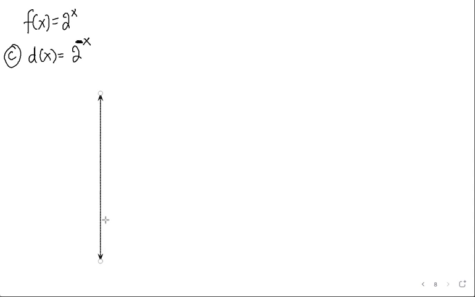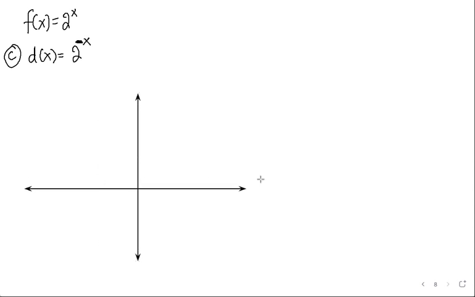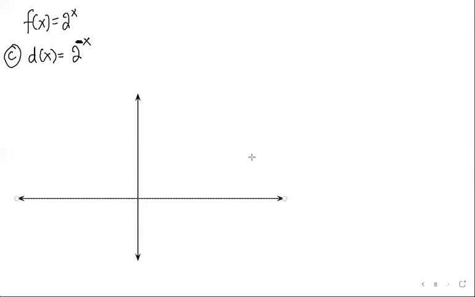What is the minus inside the function? How can I graph it? You reflect it along the y-axis.